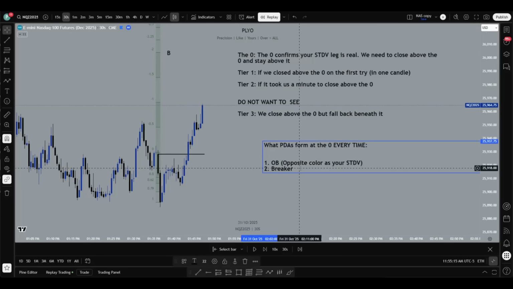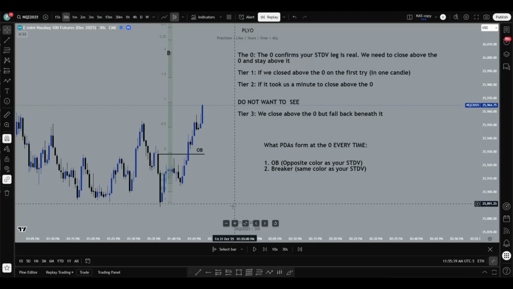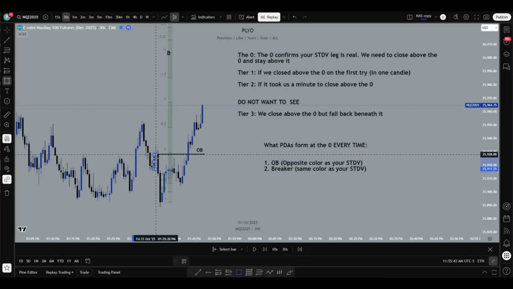The breaker is going to be the same color as your standard deviation, or basically the same direction you want it to go in. What does that mean? So we have the OB here, the bearish candle, and then the breaker would be, so I'm going to move this standard deviation slightly over so we can see it better. The OB would be the bearish candle. The breaker would be these 2 candles here.